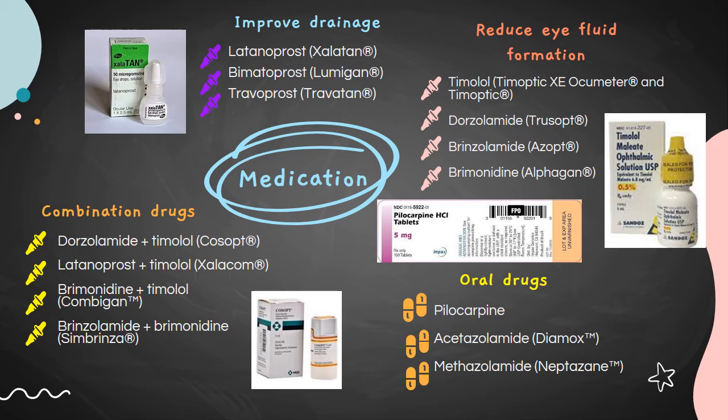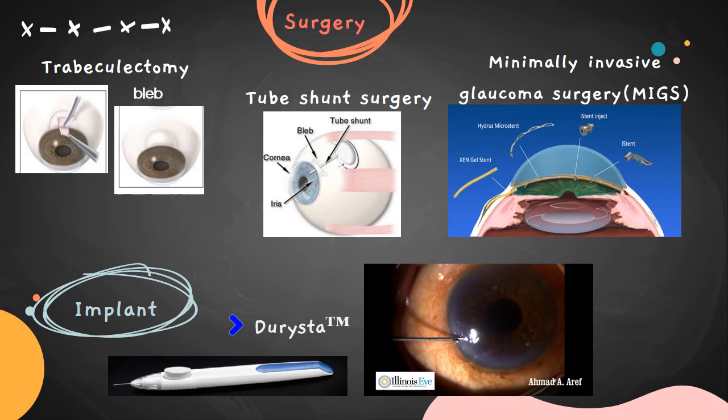They also have oral drugs, but they are less commonly used. The examples are pilocarpine, acetazolamide, and also methazolamide. The second treatment is surgery. There are two of the most common glaucoma surgeries, which are trabeculectomy and tube shunt surgery.